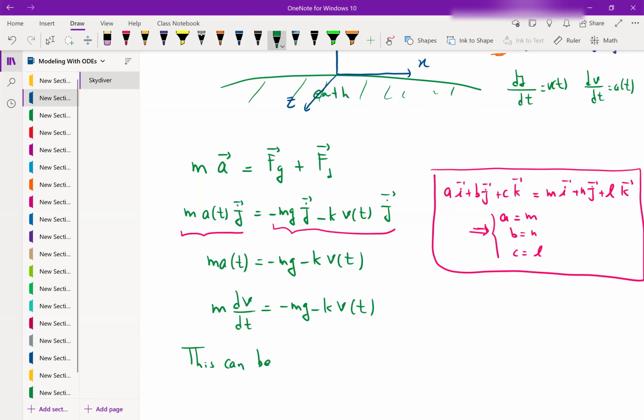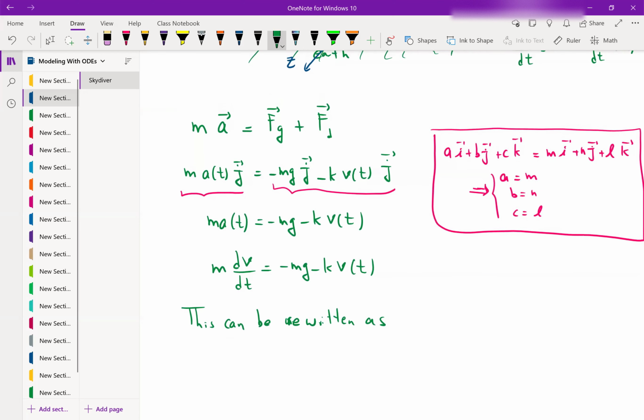This can be rewritten as dv/dt equals, dividing both sides by m, negative g minus (k/m) v(t).